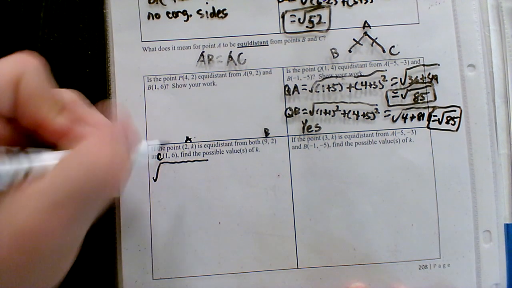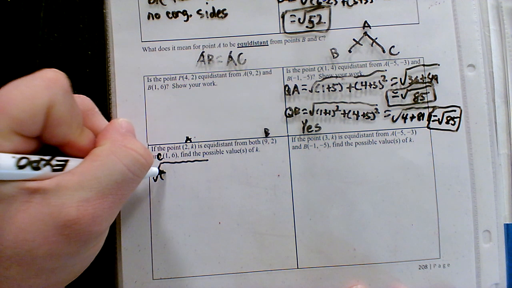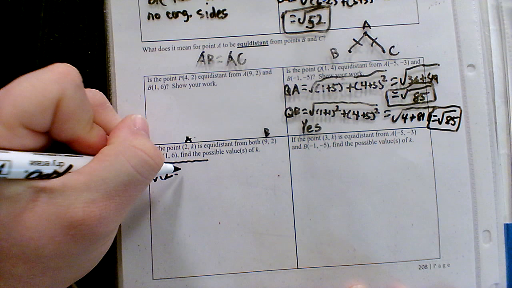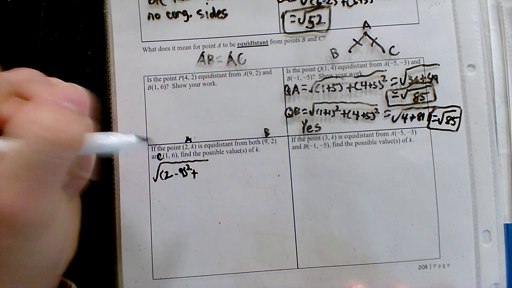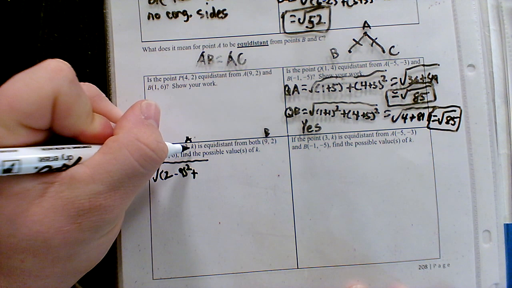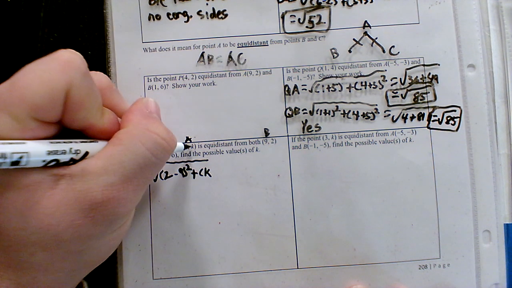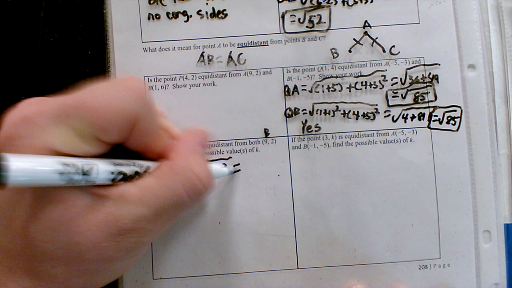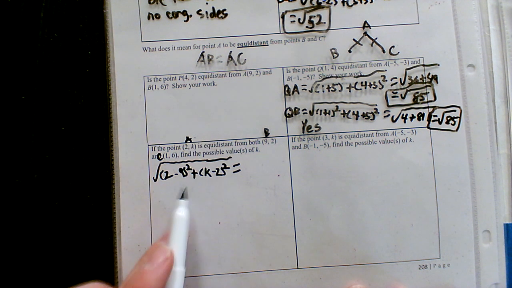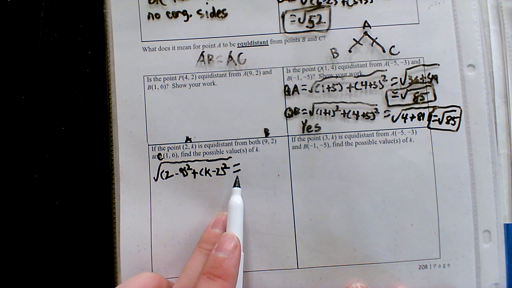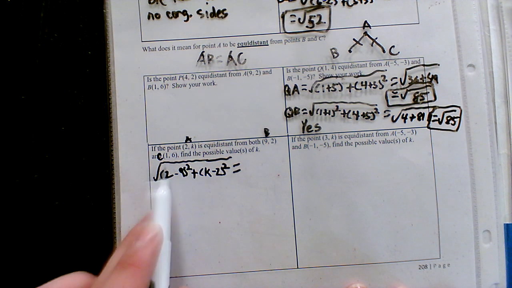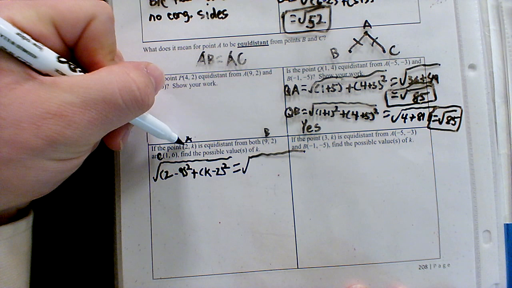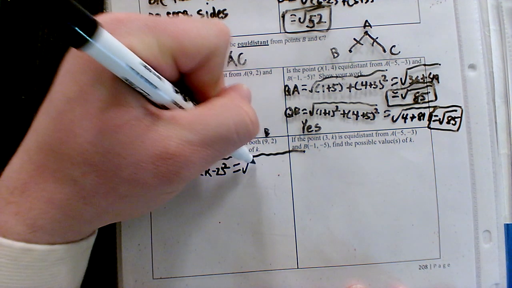So if we start with A, we would have 2 from our x value, minus the B right now, so 2 minus 9 squared, plus, well, our y value, we don't know that, that's k. k minus 2 squared. So the distance between those two points is this, and that's going to be equal to the distance between these two points. So again, we're going from this point A to C now, so 2 minus 1.